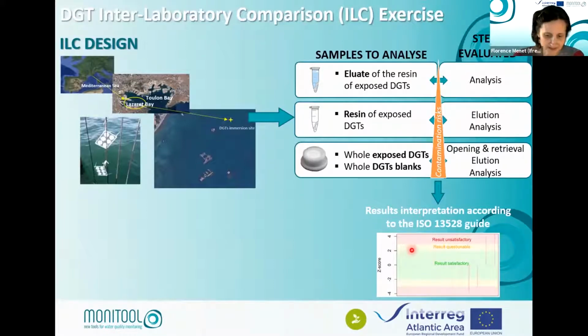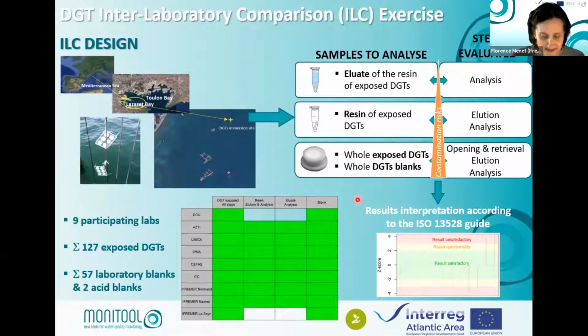If the Z-scores are between 2 and 3, or -2 and -3, we are in a questionable zone. That means that there is a little problem with the analysis, but the results are still considered good. And if it's over 3 or under -3, then the results are unsatisfactory.